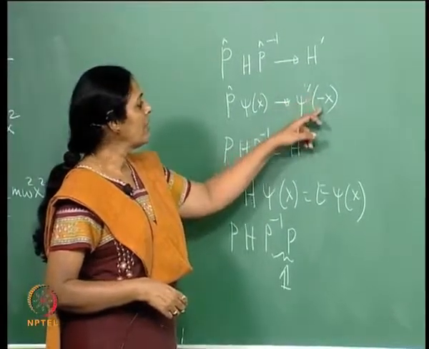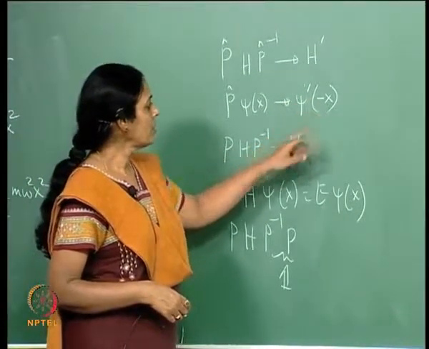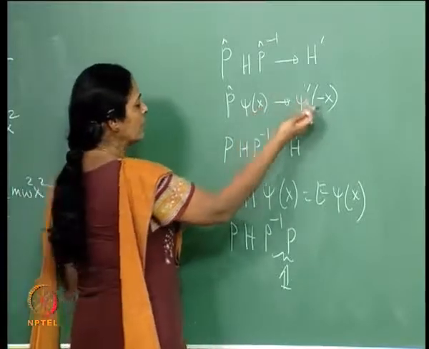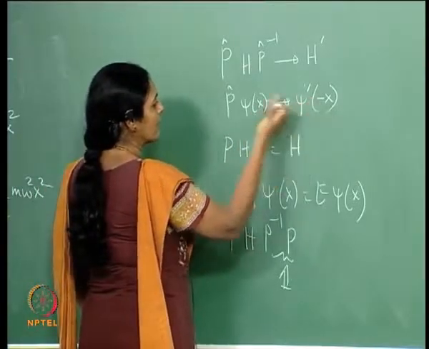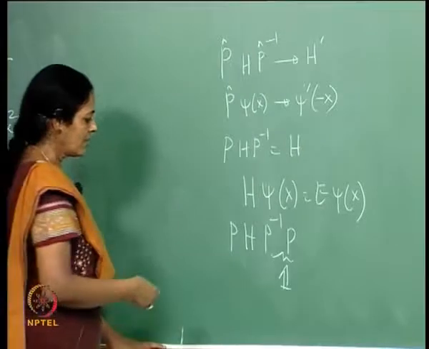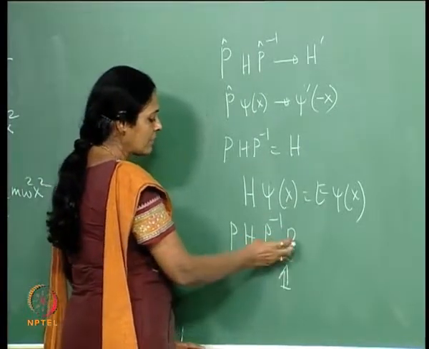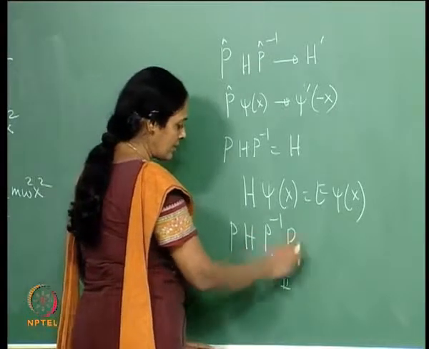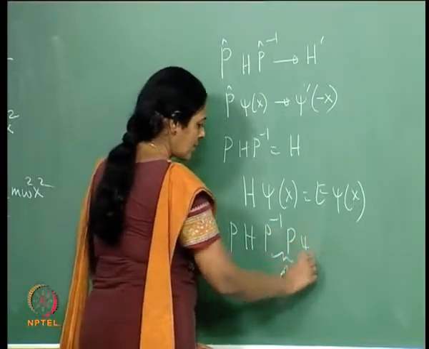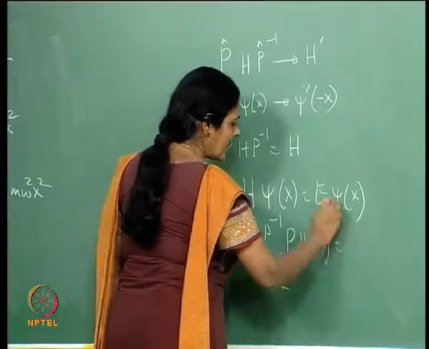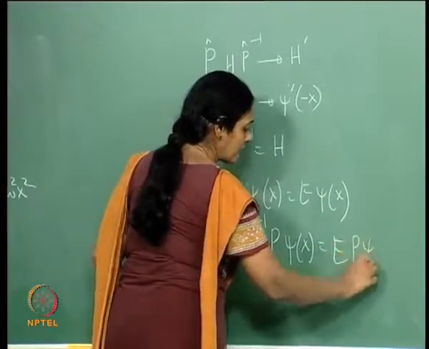Now if I did P once more, you see, P inverse would simply take psi of minus x back to psi of x, and therefore P h P inverse P, where I have introduced P inverse P as identity here, psi of x is a number P psi of x.